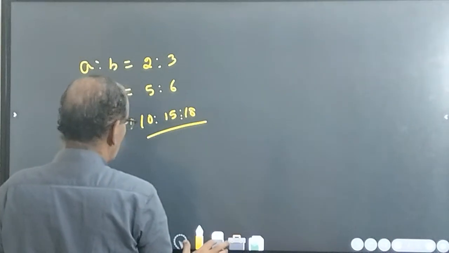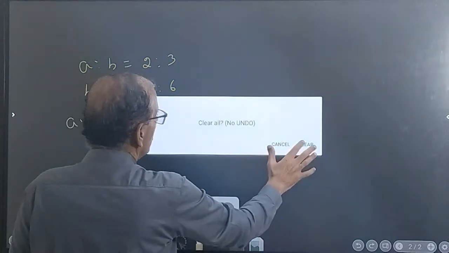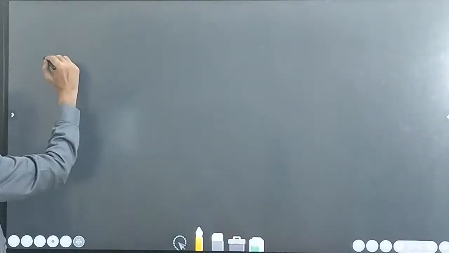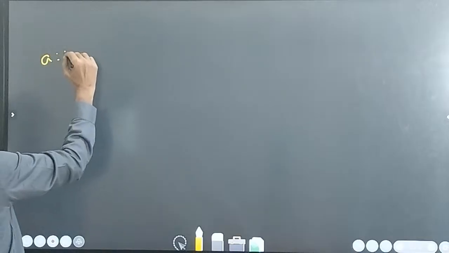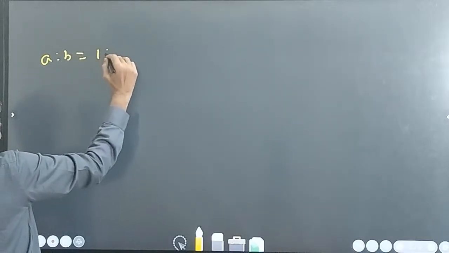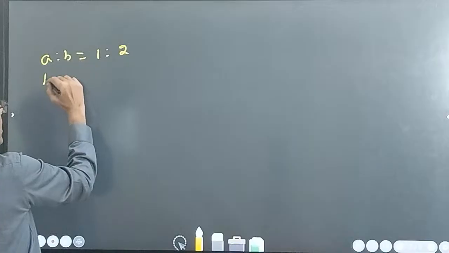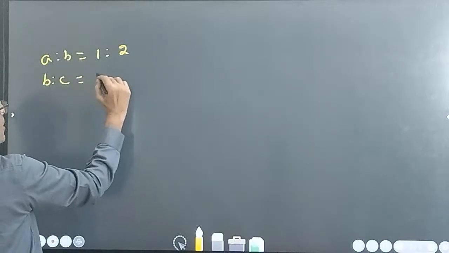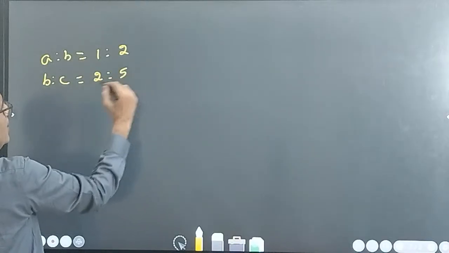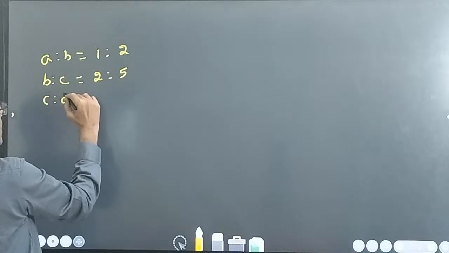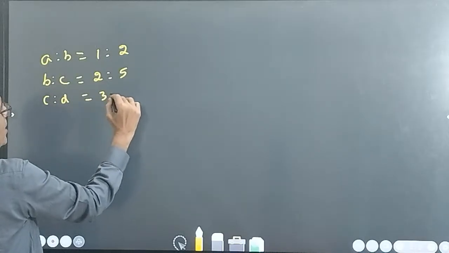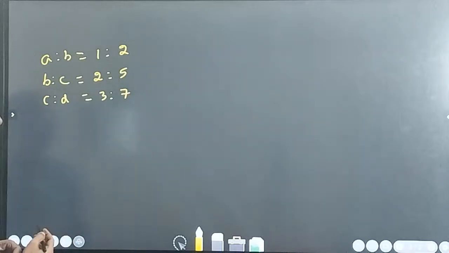Suppose 4 numbers are coming. What we have to do? Suppose they say A is to B, 1 is to 2, B is to C, 2 is to 5, C is to D, let me say 3 is to 7.